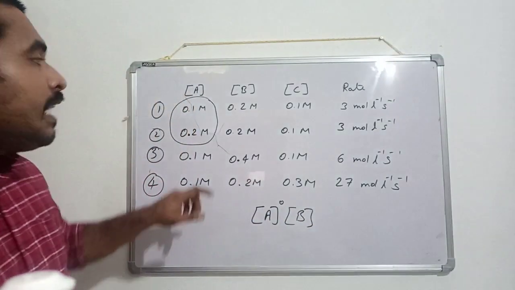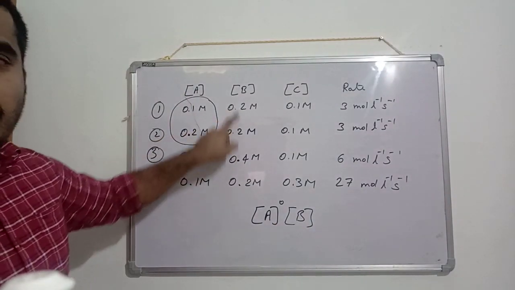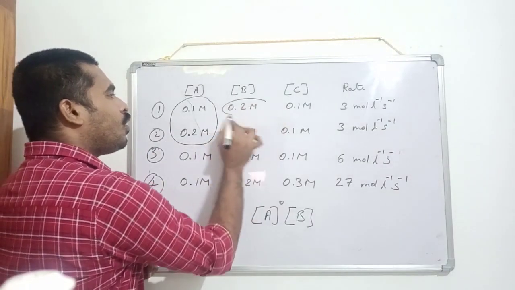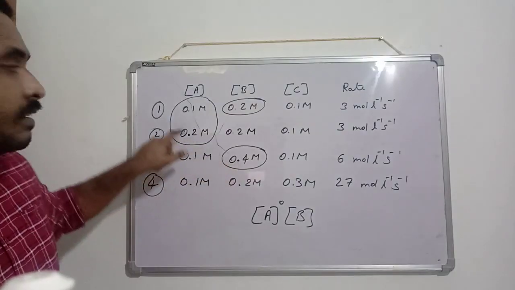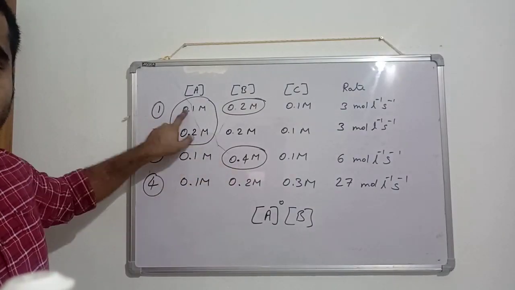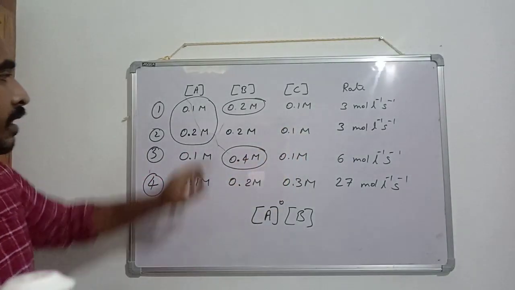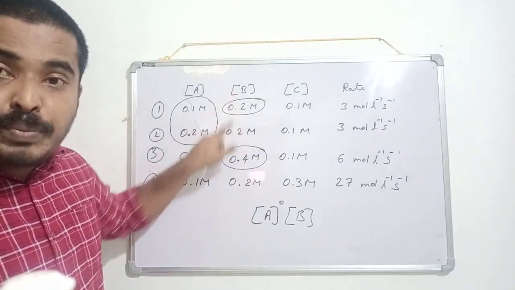For that, analyze first row and third row. In first row and third row, only B changes. Am I right? Concentration of A is constant 0.1, 0.1. Concentration of C is also constant 0.1, 0.1. Concentration of B is doubled.